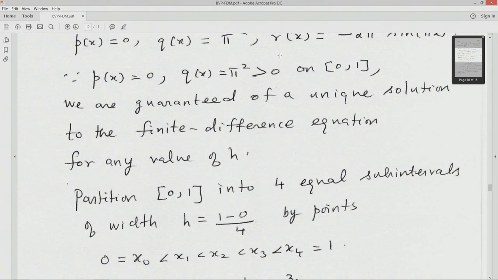Modulus of p of x must be less than or equal to L for x in the interval a b. So, since p of x is 0 in this case, we are guaranteed of a unique solution to this finite difference equation for any value of h.